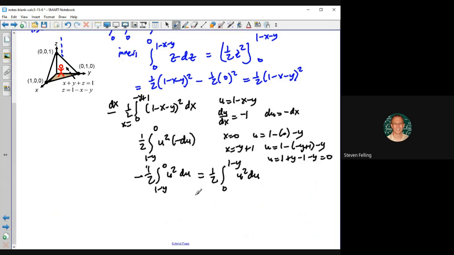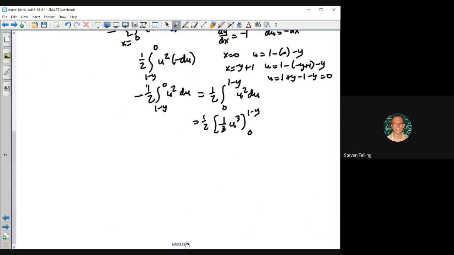And so the antiderivative is 1/3 u cubed from 0 to 1 minus y. And so we would have the two copies, 1/3 and then 1 minus y cubed. Actually, let me pull the 1/3 out too, so it becomes 1/6.